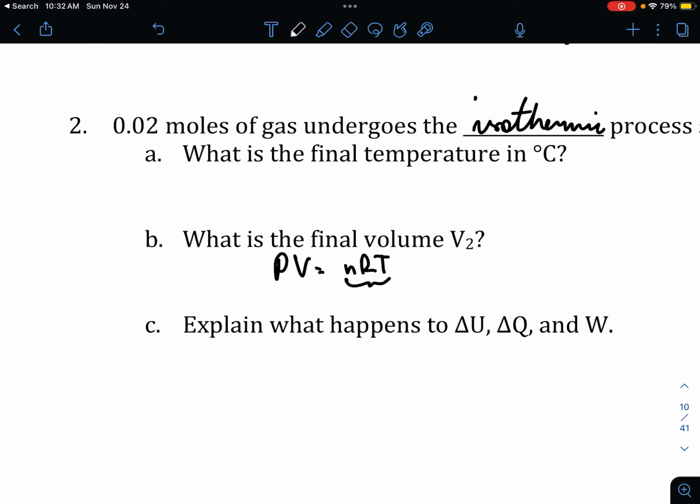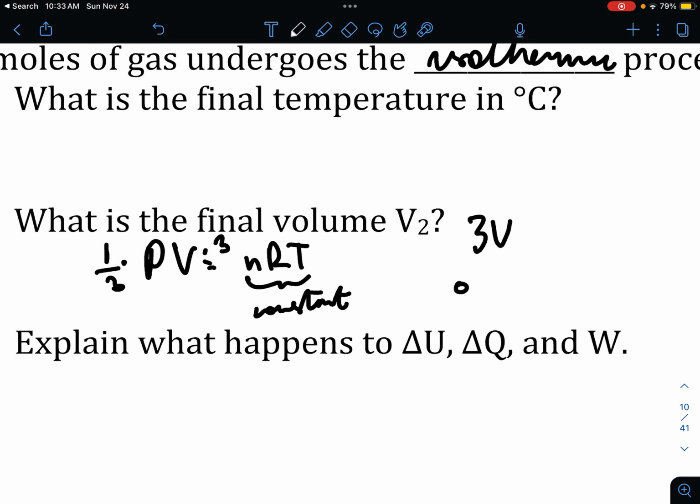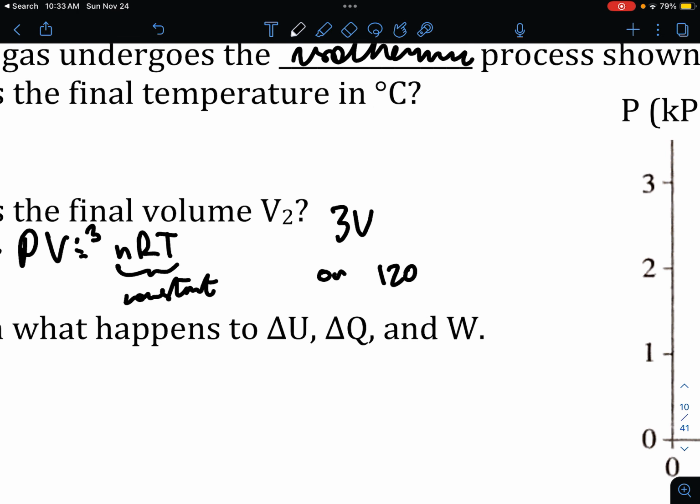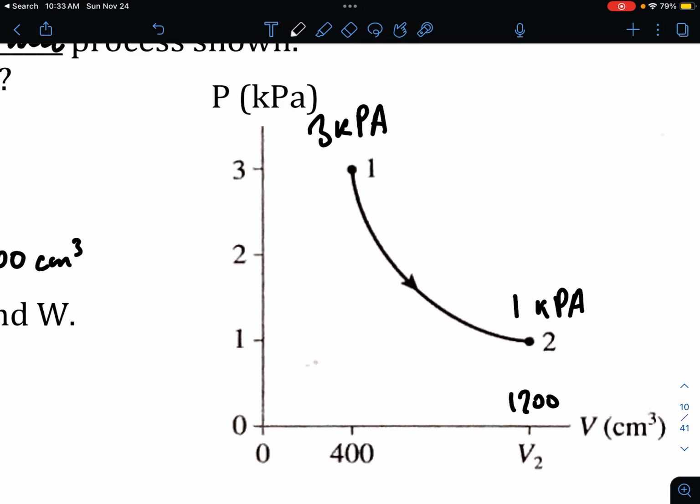This whole thing is constant. So if your pressure dropped by a factor of 1/3, then your volume must increase by a factor of 3 to keep the left-hand side the same. Instead of 400, it would be 1200 centimeters cubed. So I know that this V2 is 1200.